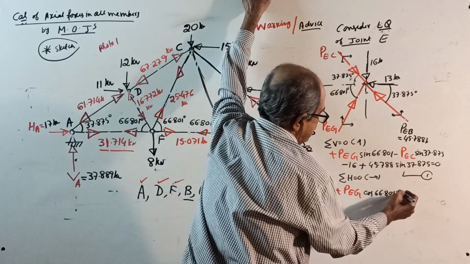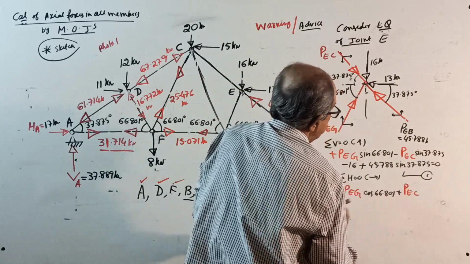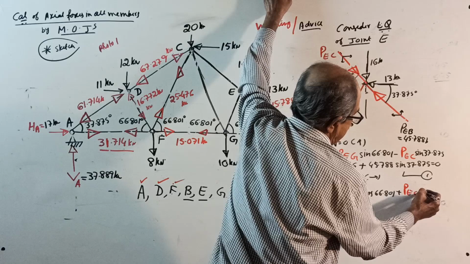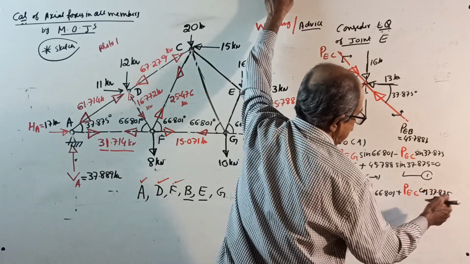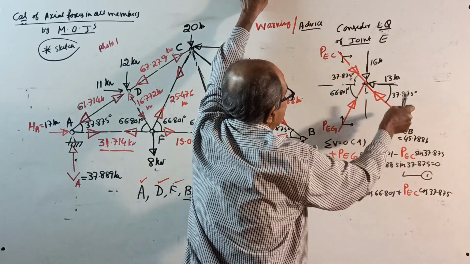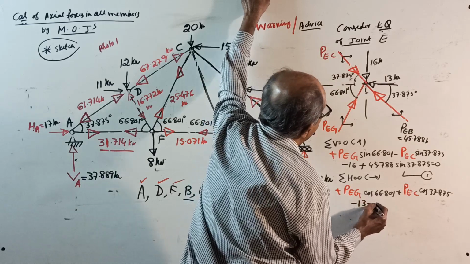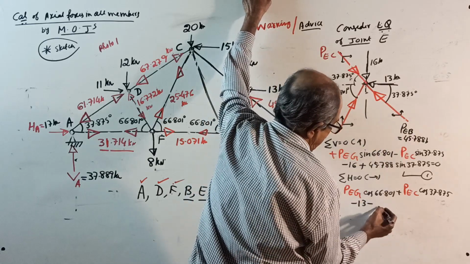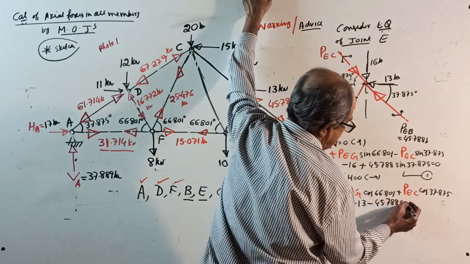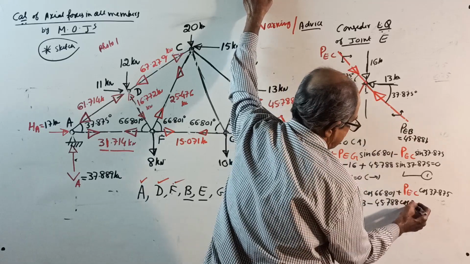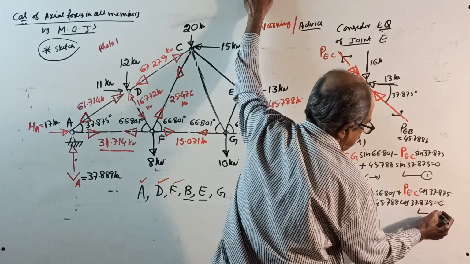Again plus PEC cos 37.875, then minus 13, minus 45.788 cos 37.875 equal to 0, equation number 2.